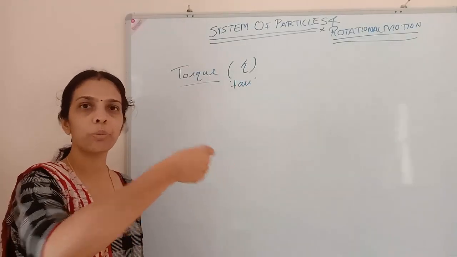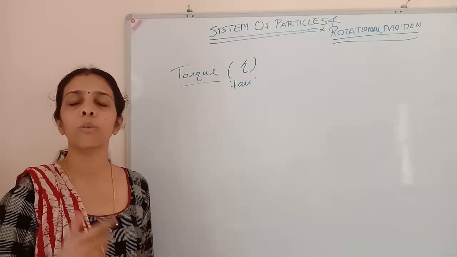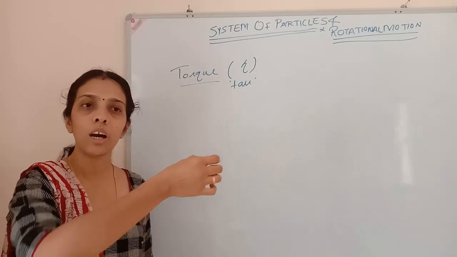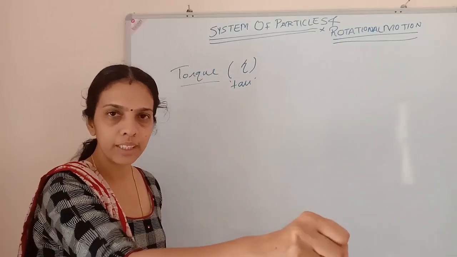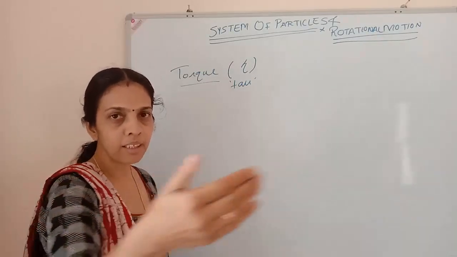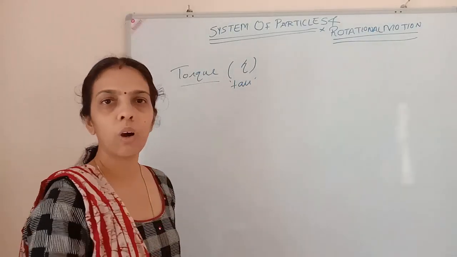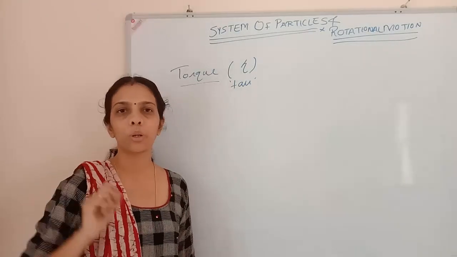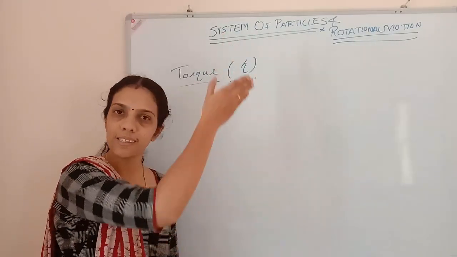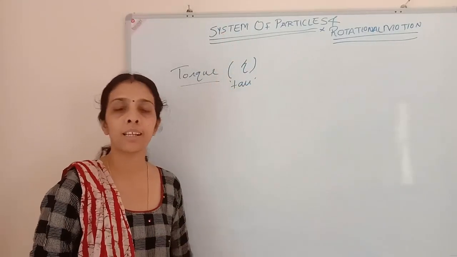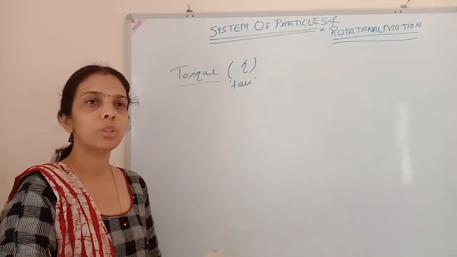While opening a window or a door, there also we apply a force. That force is helping the door to open or close with respect to a fixed point, the hinges.